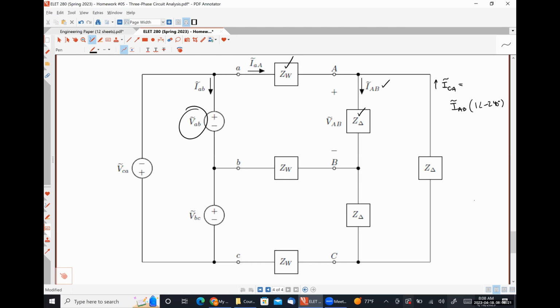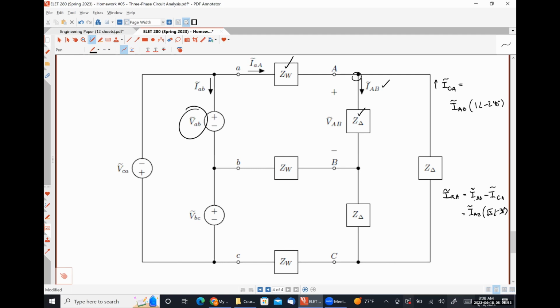In previous problems, we performed Kirchhoff's current law at this node, and we found that our line current IAA is equal to our phase current IAB minus our phase current ICA, which is the same thing as IAB times √3 angle negative 30 degrees.